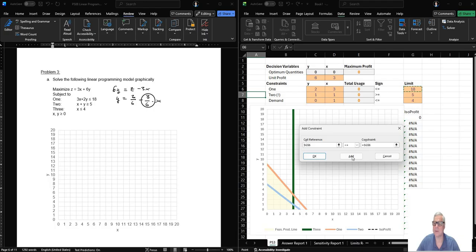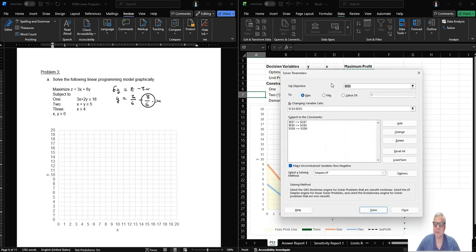Okay, 18. So now we add the next one. Constraint 2, total usage, needs to be changed to greater or equal to the 5. But then the final one is total usage for the demand is less than or equal to the 4.